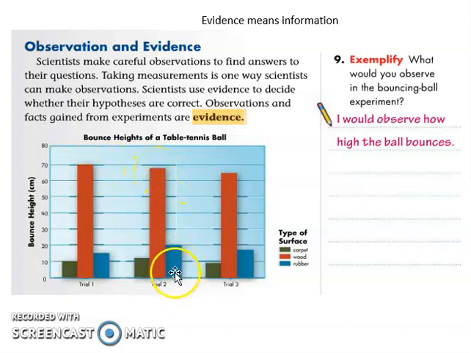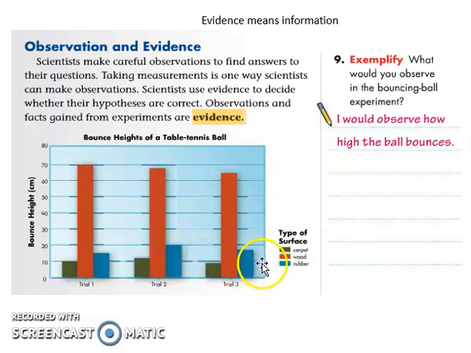And then on the rubber, it becomes higher compared to this one, so it becomes 20. Now, in trial number 3, the ball bounces lower than 10. So this is on carpet. On wood, it becomes lesser compared to these two, and then on rubber, it becomes lesser than this one.